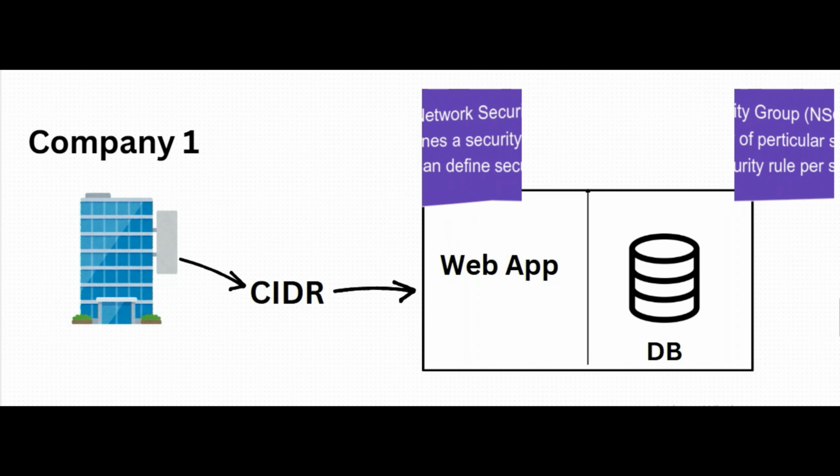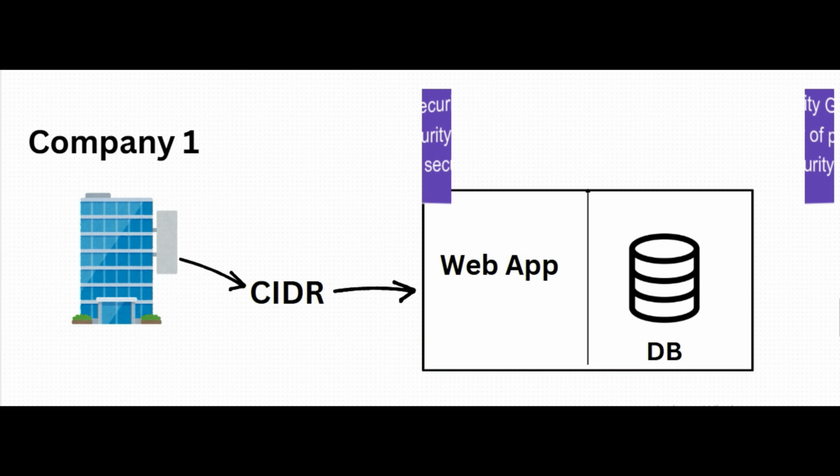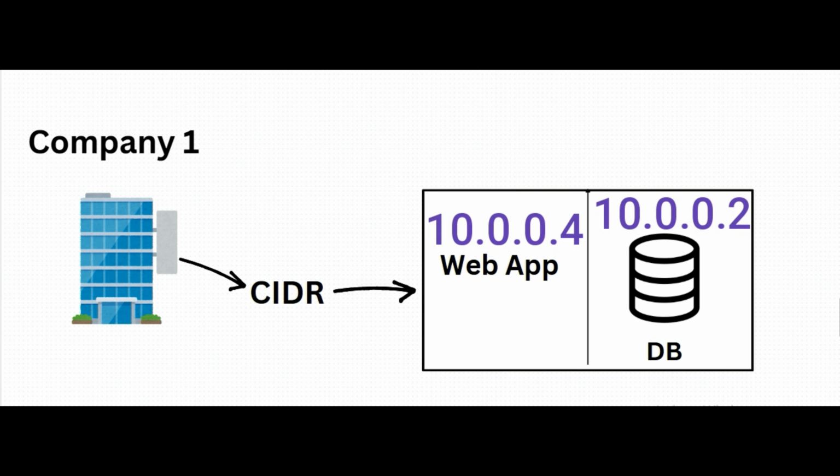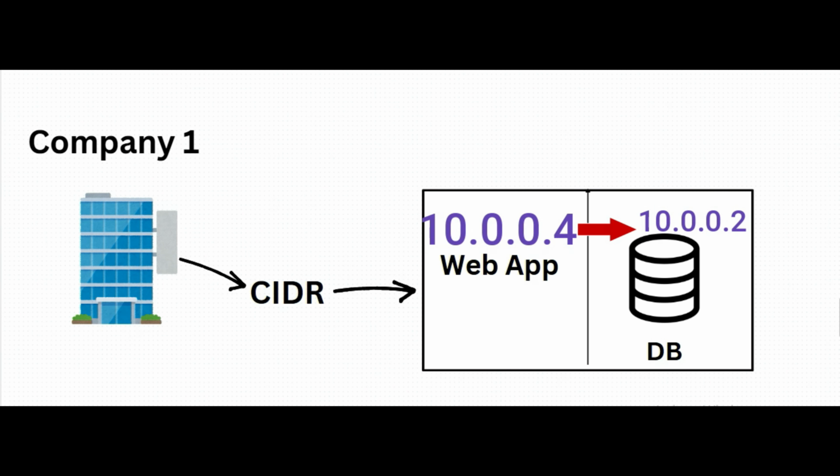So for example, in subnet 1 we have a web app. Subnet 1's IP is 10.0.0.4 and subnet 2 has a private IP of 10.0.0.2. Then we set a rule: only allow traffic from source 10.0.0.4 to access 10.0.0.2, which is our database IP address.